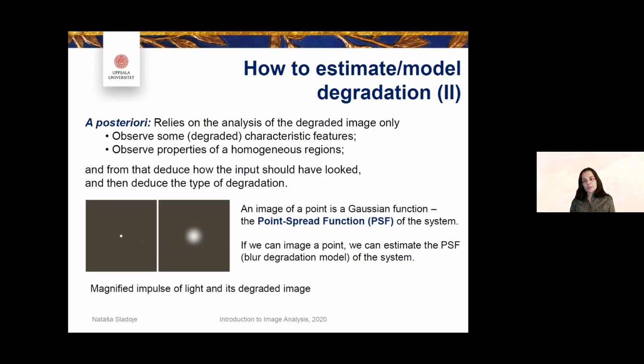But in principle, it is not at all straightforward. It can be done, but it is not straightforward to estimate the point spread function by imaging an impulse. That is not stable enough. That is rather difficult to work with.